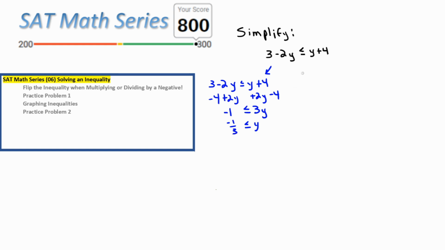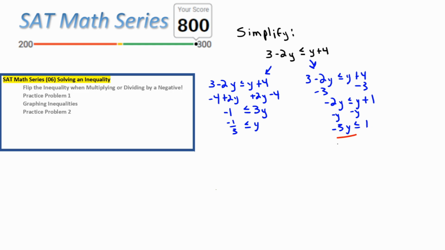And here, if we were to approach this a different way, let me subtract 3 from both sides, and subtract y from both sides, and we would get negative 3y. And here I will deliberately make a mistake and not flip the sign. And you see you get a different answer.